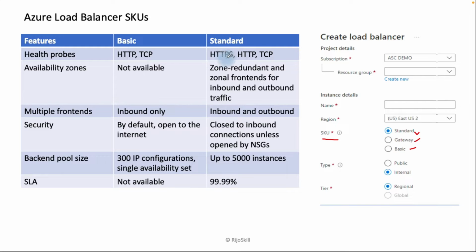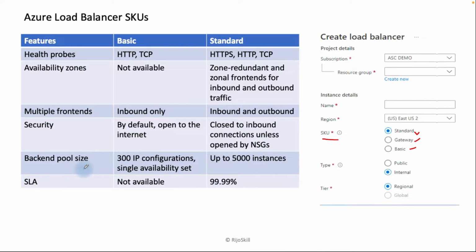For availability zones, basic has no availability zone support, and in standard we can get zone redundancy and zonal frontend for inbound and outbound traffic. Then multi frontend: basic is inbound only, and standard is inbound and outbound. For security, basic is open to the internet by default, and standard is closed. You need to configure the network security group.